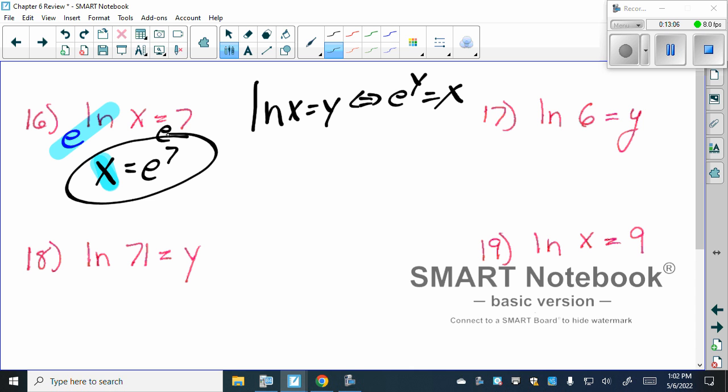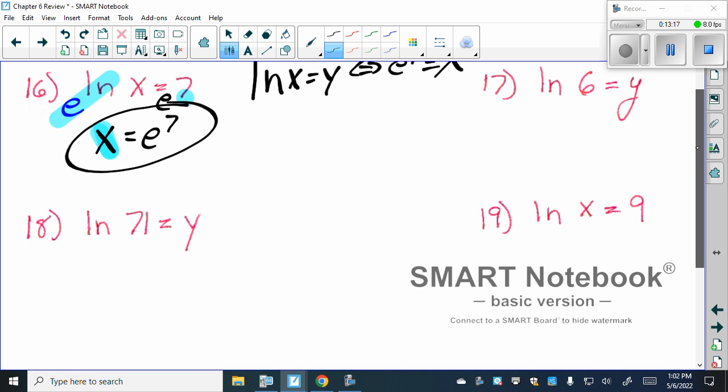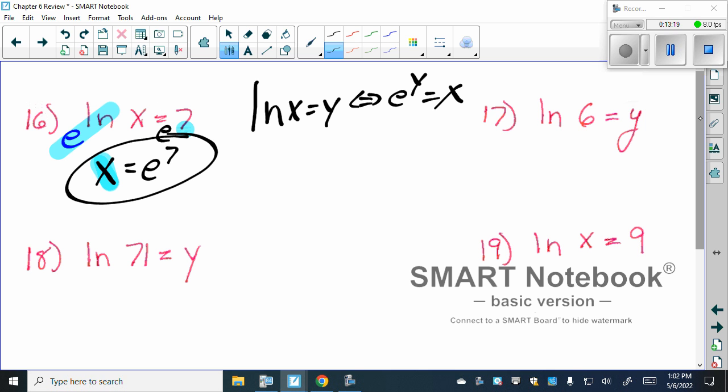Because really, we're switching from one to the other. ln of x equals y, e to the y equals x. So here our y is 7, x is still x, so e to the 7th. So what do we think this 17 is going to be? Yeah, so e and e, those are gone.